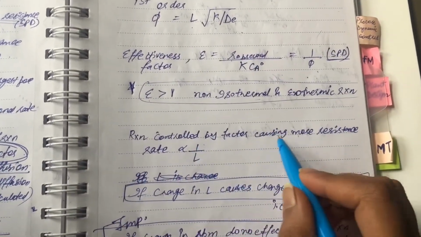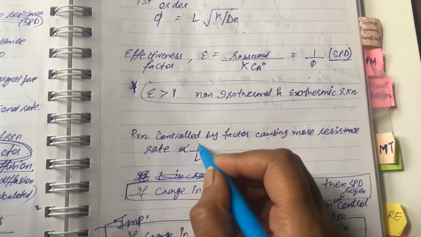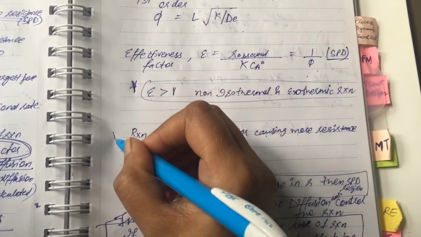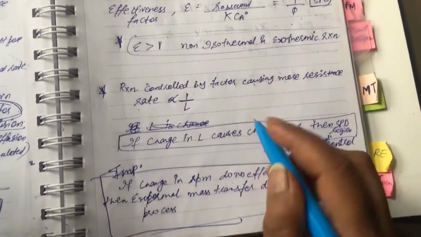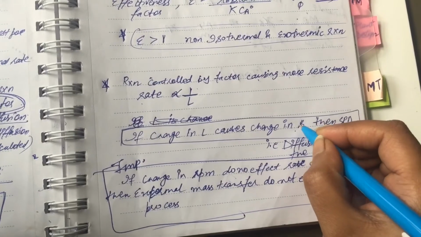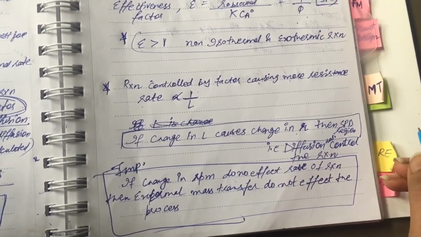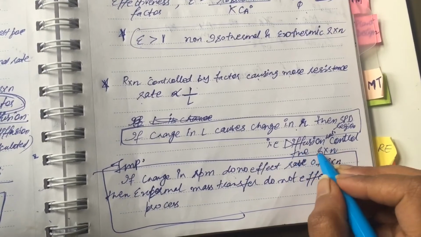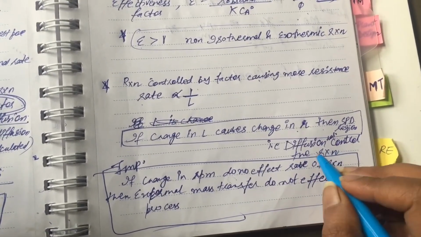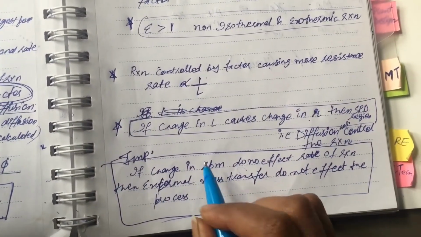For reaction controlled by the factor causing more resistance, rate is inversely proportional to length. If change in length causes change in our rate of reaction, then strong pore diffusion is there, which means diffusion controls the reaction.